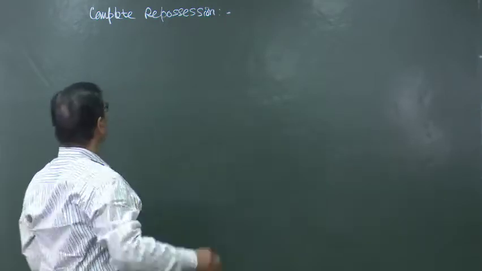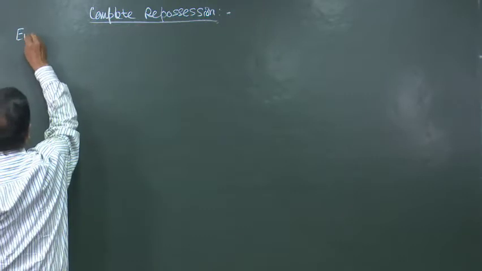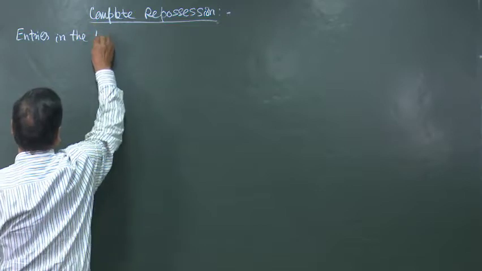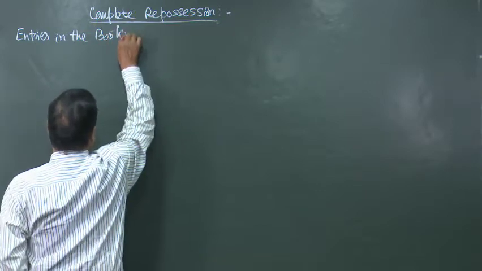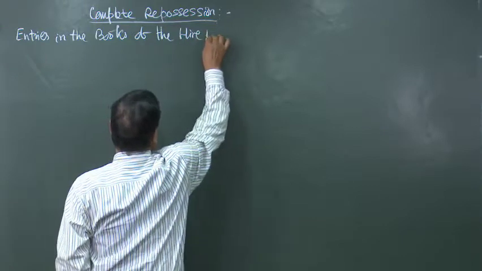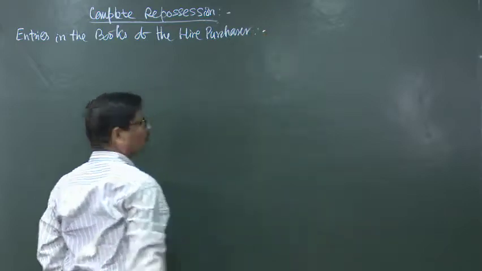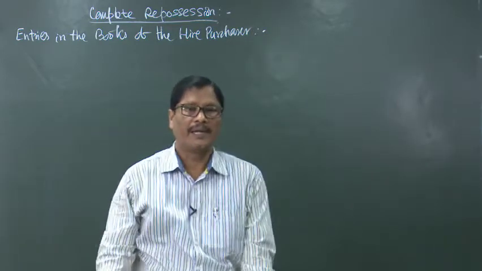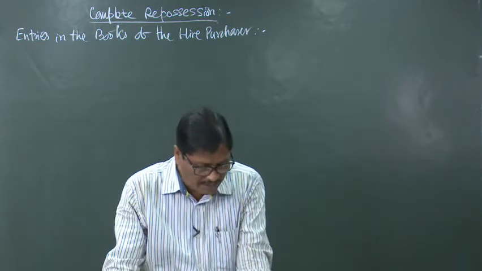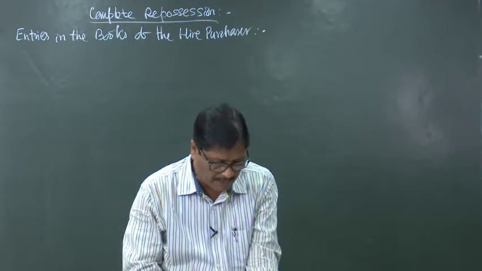Complete repossession, entries in the books of the hire purchaser. Entries in the books of the hire purchaser. Now, think that you are the hire purchaser, you are making some default, what entries will be passed.